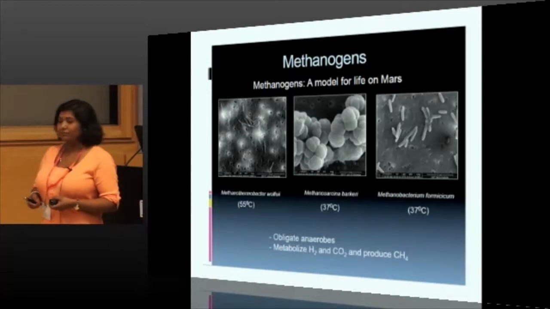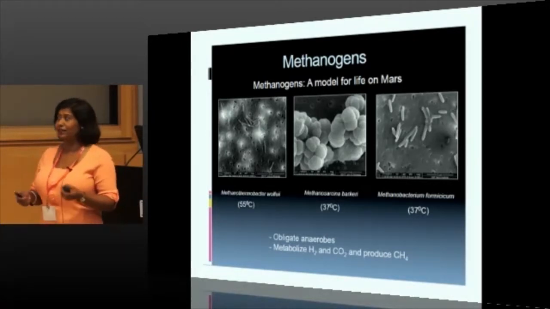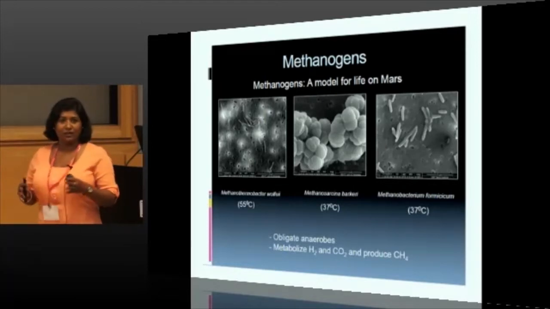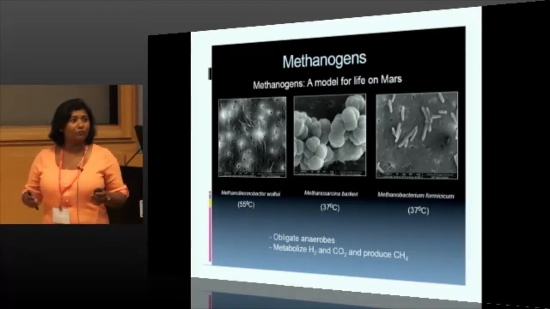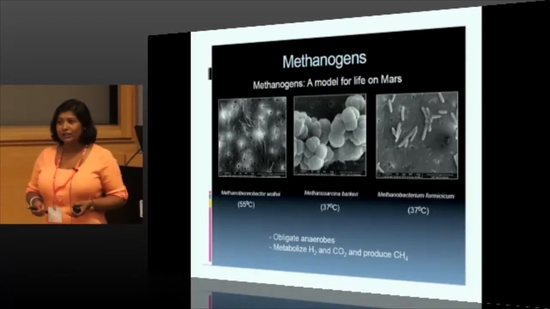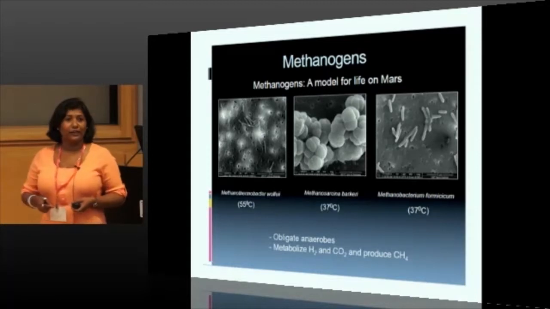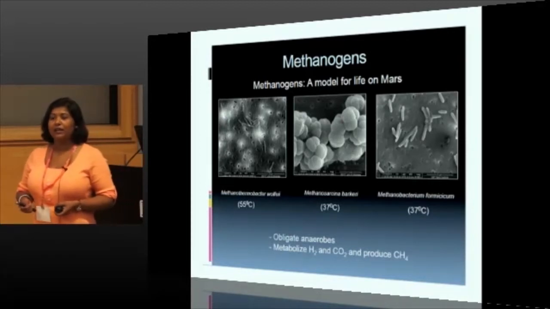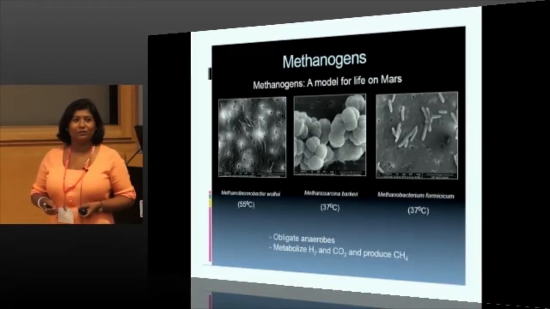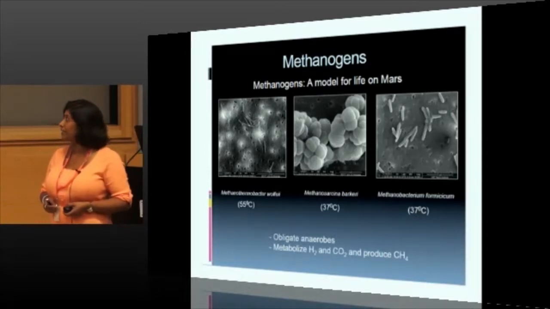So why do we study methanogens? As Rebecca mentioned, methanogens have been considered a model for life for a long time because they are not photosynthetic and they do not require organics. Also, they need carbon dioxide, which is abundant in the Martian atmosphere, and they need hydrogen, which could be present in the subsurface environment of Mars.